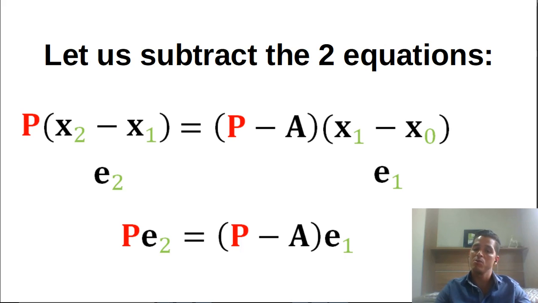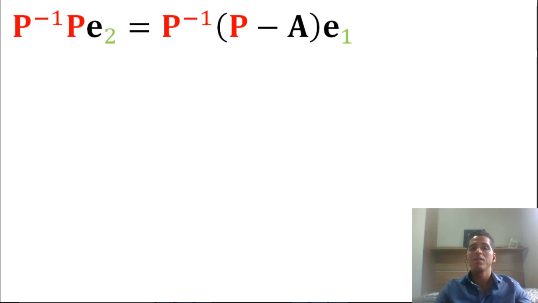x2 minus x1. So let me just rewrite this equation. p e2 is equal to p minus a e1. Let me now just multiply both sides by p inverse. Actually, I'm not going to do this in my calculations. It's just to show algebraically what's happening. Well, let us see. p inverse times p is the identity matrix.